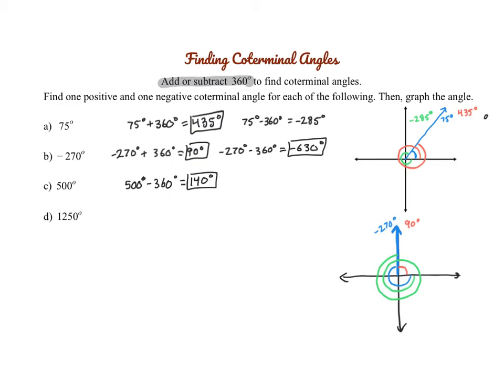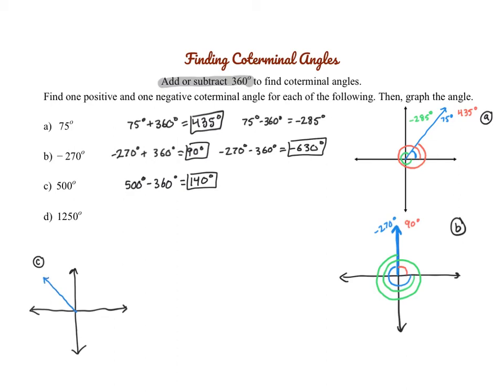So this is part A, this one's part B, here's part C. Okay, so 500 degrees is actually a full rotation plus the 140, so that does fall in quadrant 2, so it's somewhere around here.